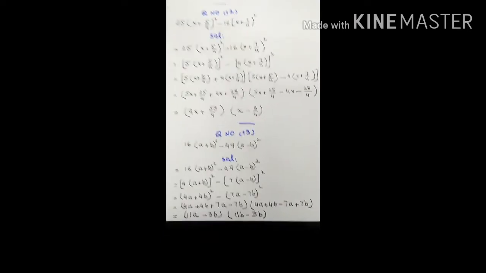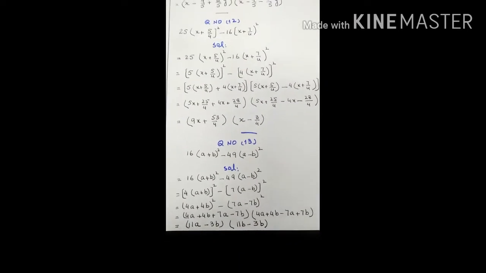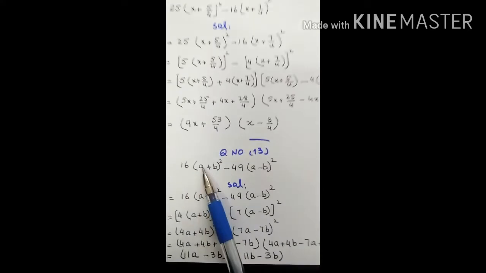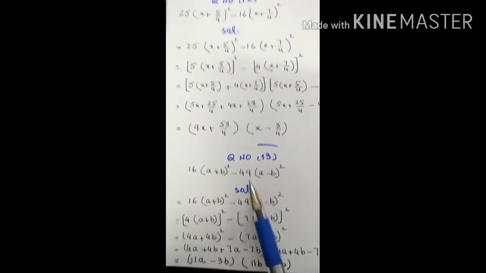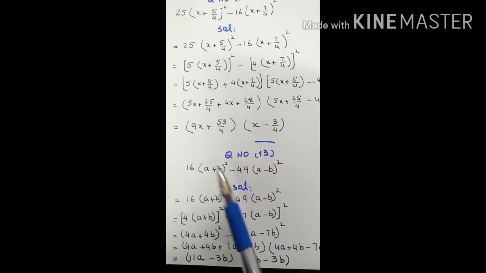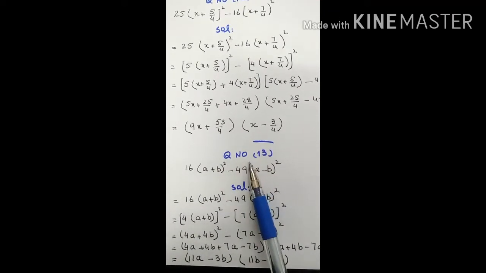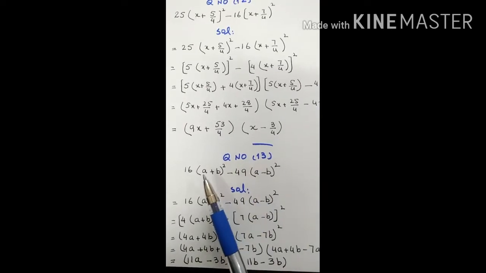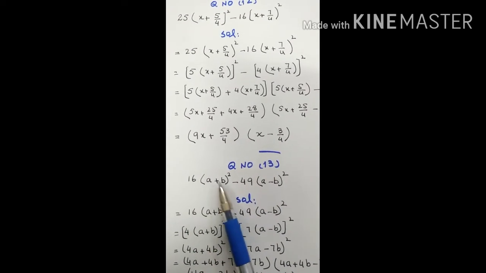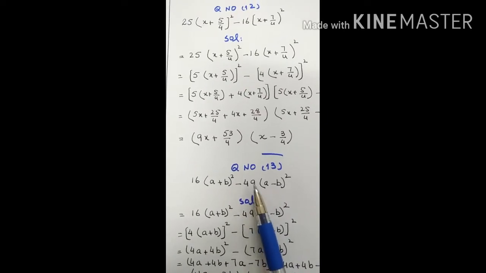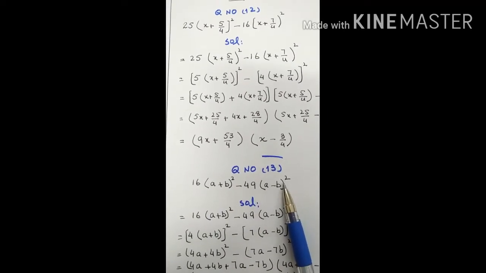Question number 13. 16(a plus b) whole square minus 49(a minus b) whole square. Beta, first of all, you will judge which form of factorization it is. Which formula is going to be applied? 16(a plus b) whole square minus 49(a minus b) whole square.